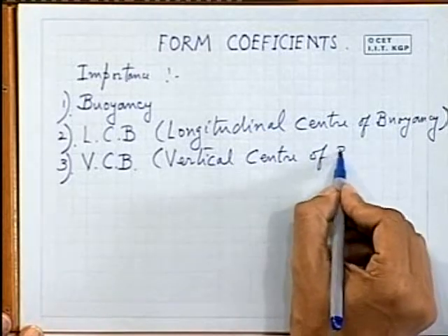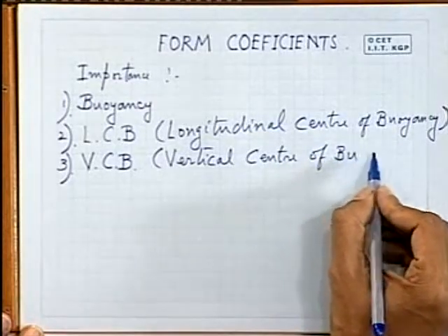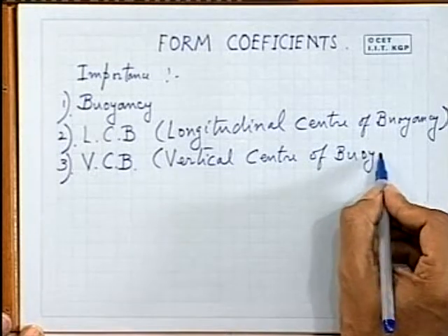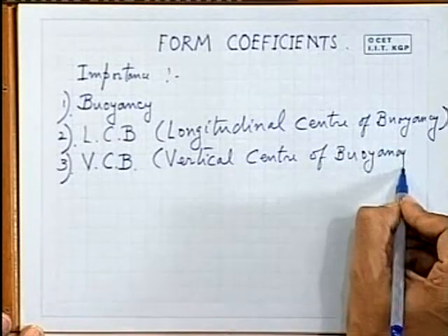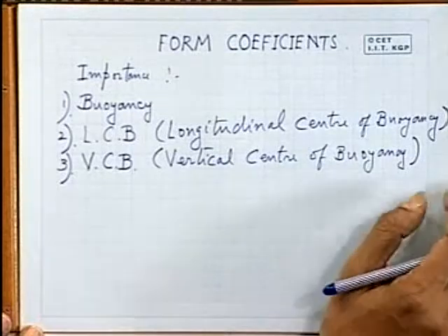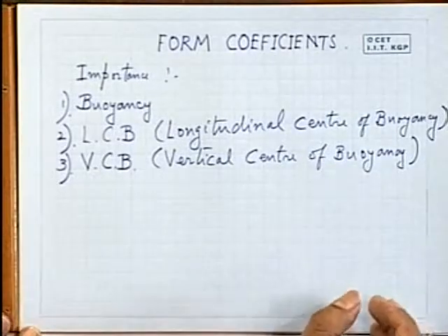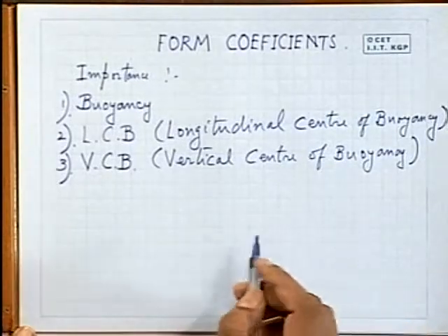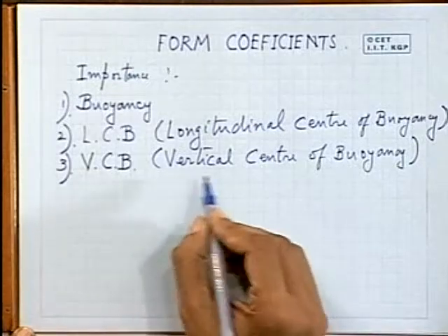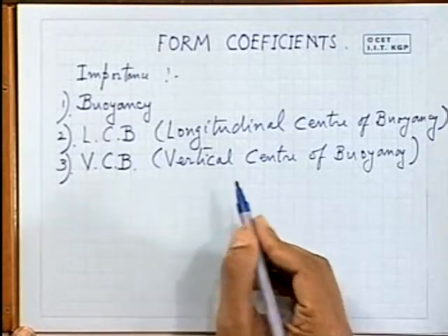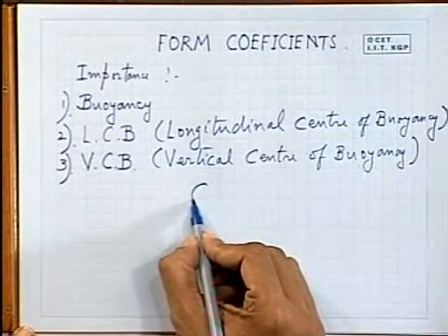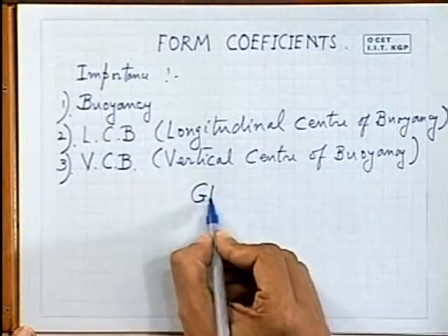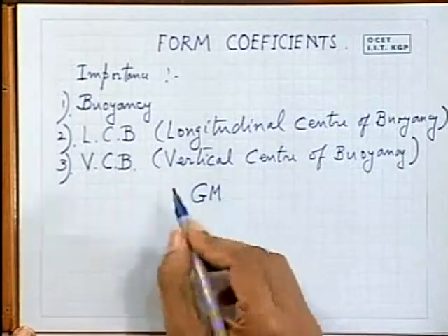You will find that this VCB is also very important for the stability of the ship. The stability of the ship, in your mechanics of floating in your subsequent class, you will find is dependent on a parameter which is called the metacentric height. All of you should have come across this GM calculation.